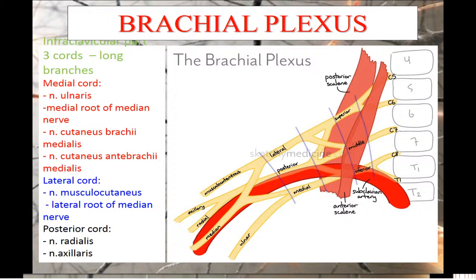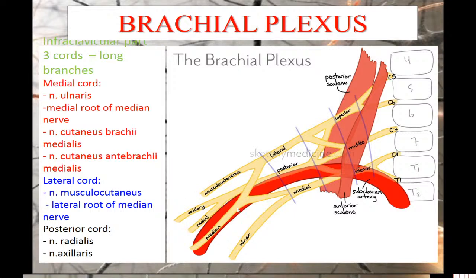The medial cord gives rise to the ulnar nerve, nervus ulnaris, the medial root of the median nerve, nervus medianus, and also two cutaneous nerves, nervus cutaneus brachii medialis and nervus cutaneus antebrachii medialis, supplying the corresponding regions of the upper limb's skin. The lateral cord gives rise to the musculocutaneous nerve and the lateral root of the median nerve.